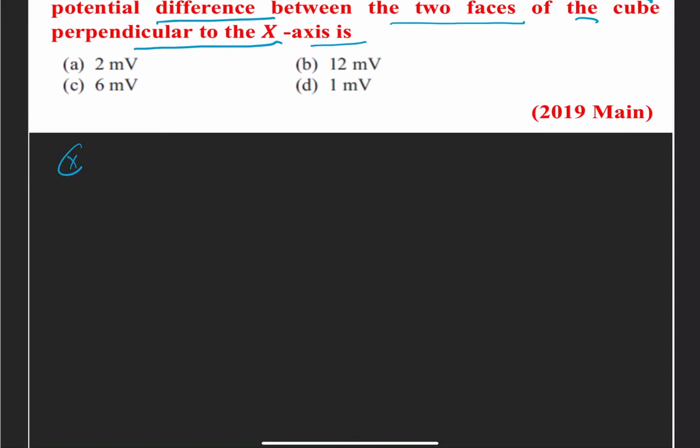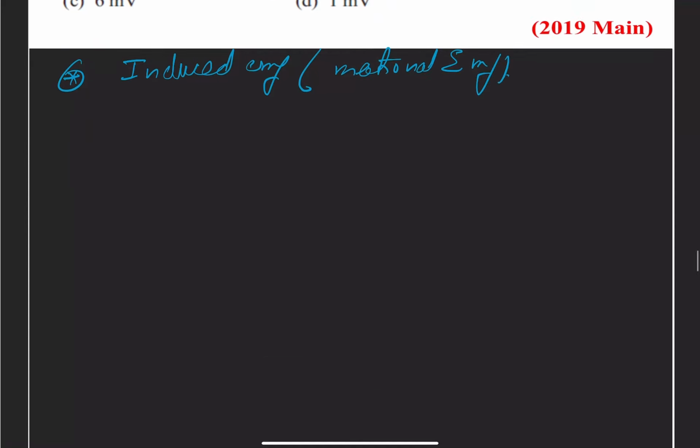It is given as E is equal to BLV, where B is the magnetic field, L is the length of the edge, and V is the velocity.